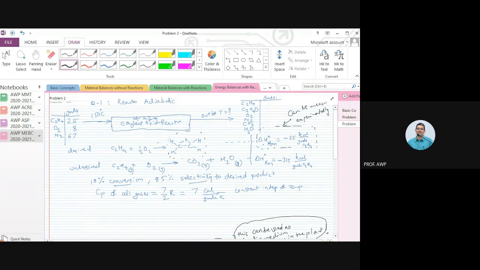For heat of formation, that compound may not form at 25 degrees centigrade. So there is no way I can take carbon and oxygen and hydrogen, put them in a reactor at 25 degrees centigrade and make ethylene oxide. So I cannot measure heats of formation because reactions may not happen at 25 degrees centigrade. But heat of reaction can be measured at 25 degrees centigrade. Okay. Thank you, sir.